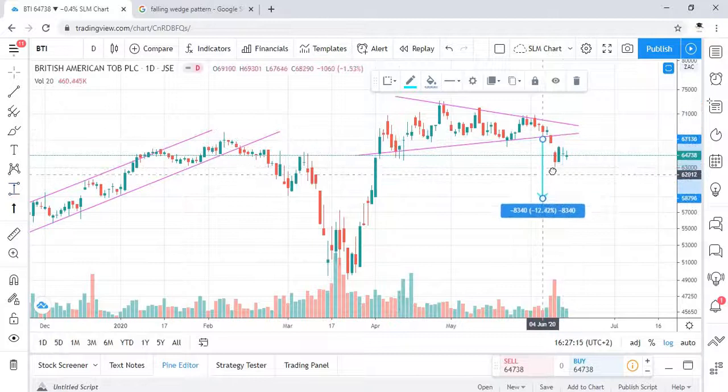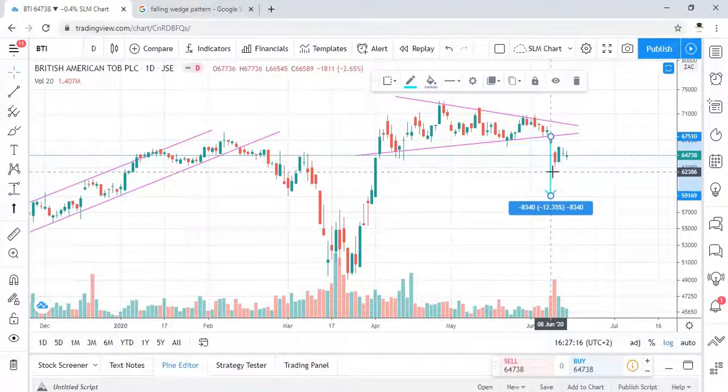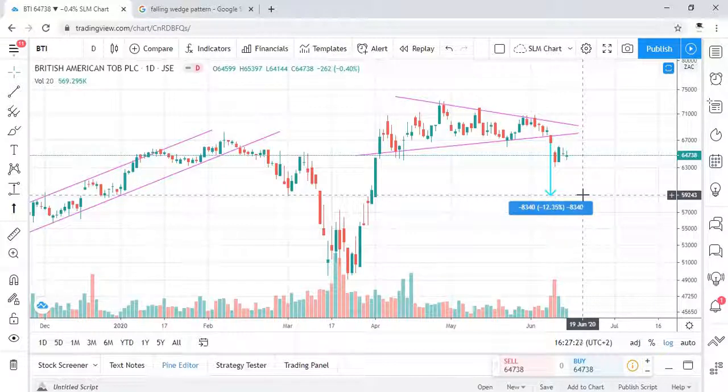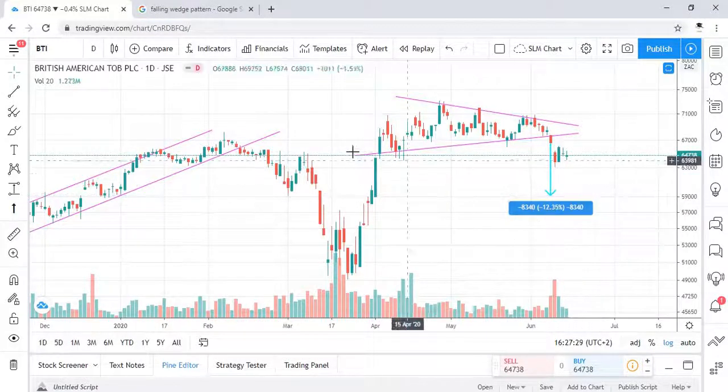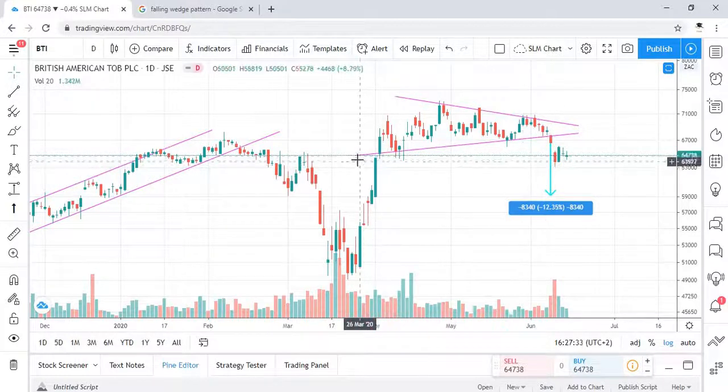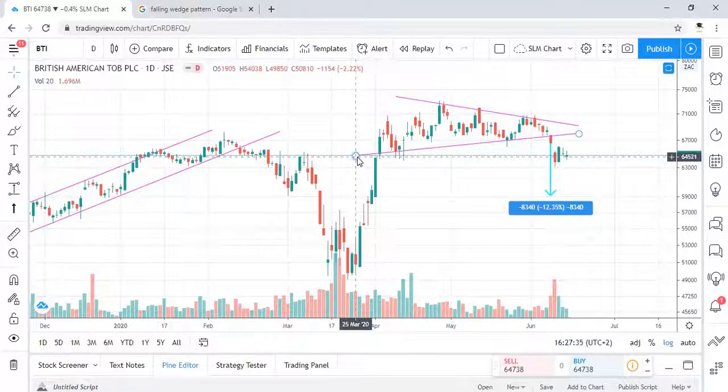So if we are to project it downwards from this point here, we would expect that price would go all the way down to this point here, about 592, which I suspect to be too much, but it's possible because it has broken this support level here.